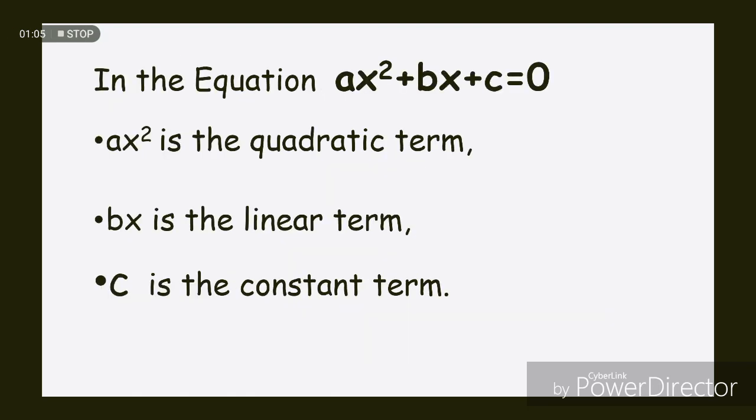In the standard form, ax squared is the quadratic term, bx is the linear term, and c is the constant term.